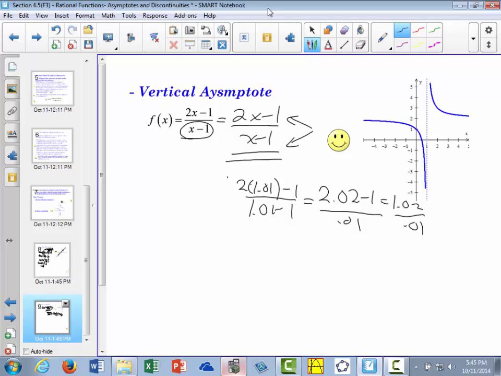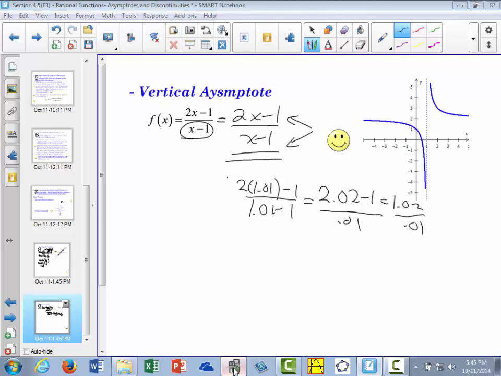And dividing by a small number gets me a large number. And the closer I get to 1 for my x values, the larger my number will become, because I'm dividing by a smaller and smaller number.